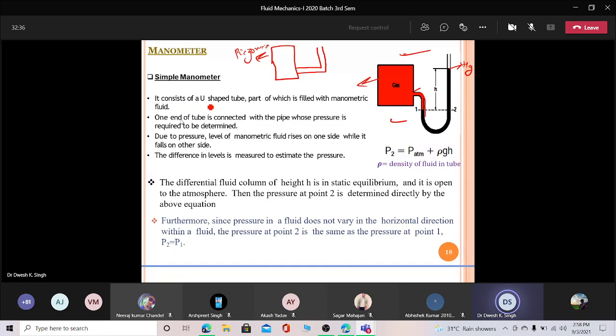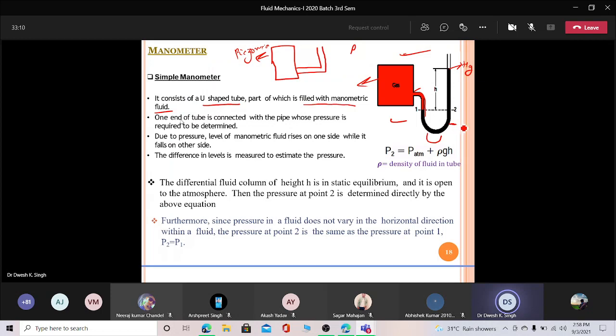So it consists of a U-tube. This is our U-tube. You can see here, it is U in shape, part of which is filled with manometric fluid. This fluid is sometimes heavier and sometimes lighter, but that totally depends on the application. But generally, if you have some high pressure, then obviously we need to use a heavier fluid like mercury.